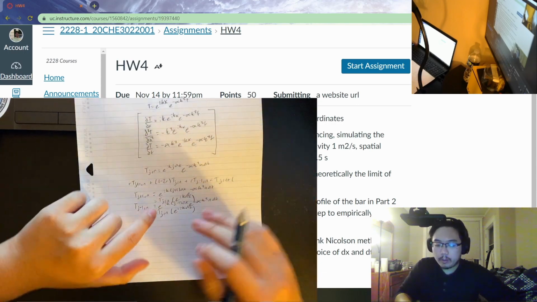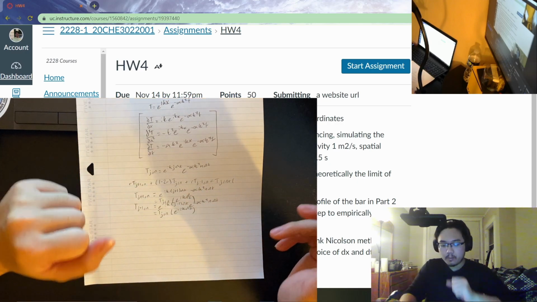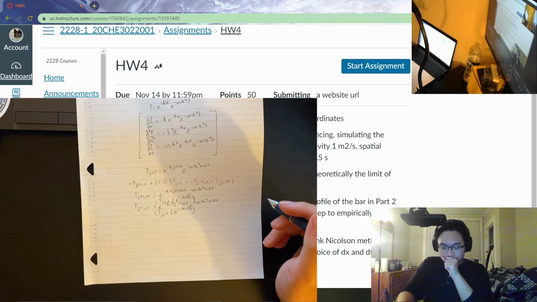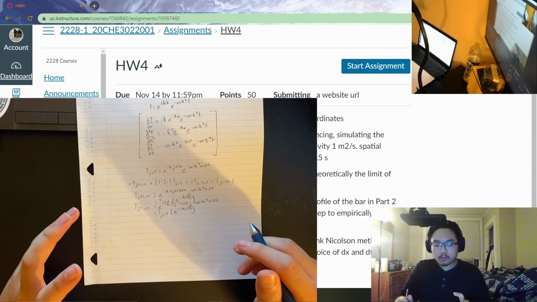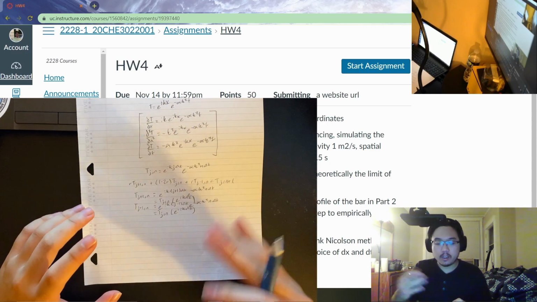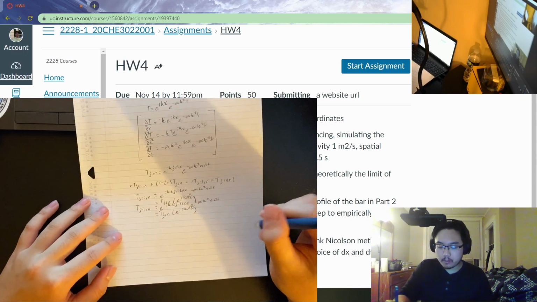Now we can plug everything in for this left side in turn, and I'm going to factor out the T_j^n to get that out of the way.